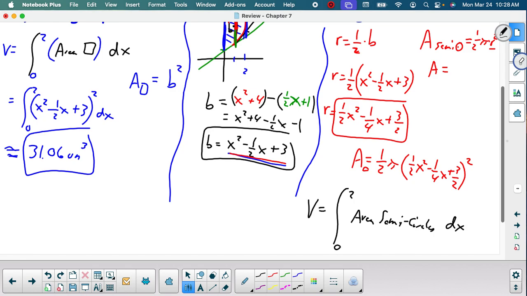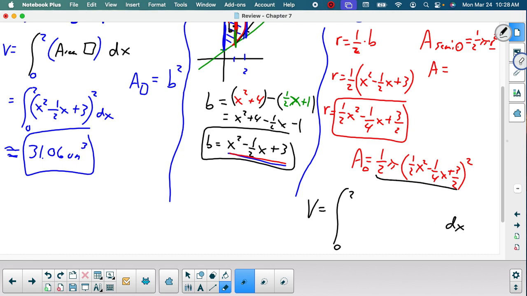But really, what is the area of that semicircle? Well, we just said it is this: I have 1/2 pi, and then my 1/2 x squared minus 1/4 x plus 3/2, that quantity squared, since it's 1/2 pi r squared.